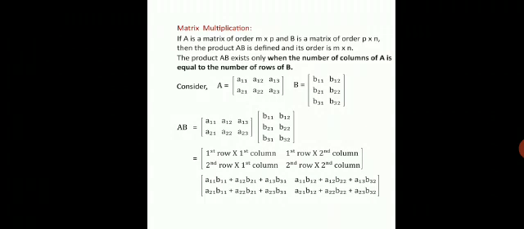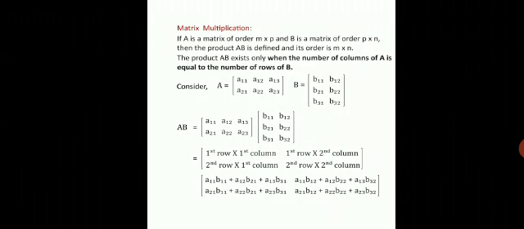So that is equals to, see here, A11 into B11 plus A12 into B21, third element A13, B31. Different elements of the row have to be multiplied with different elements of the column of matrix B.